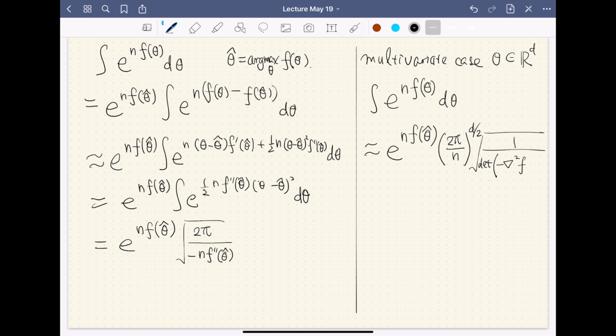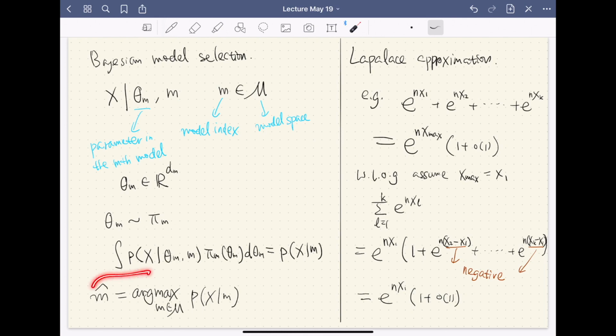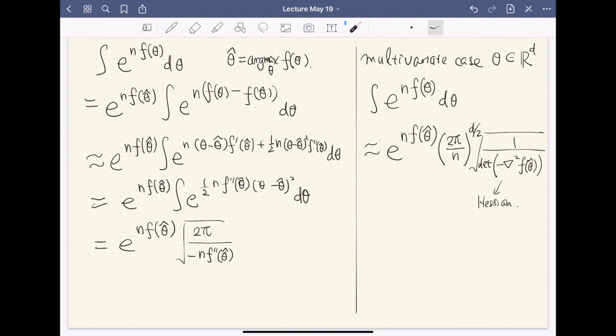Right? So in the multivariate case, the second derivatives can be organized into a matrix. This is called a Hessian matrix. Okay, so this is the formula that we are going to use in order to derive an asymptotic formula of this maximization problem.